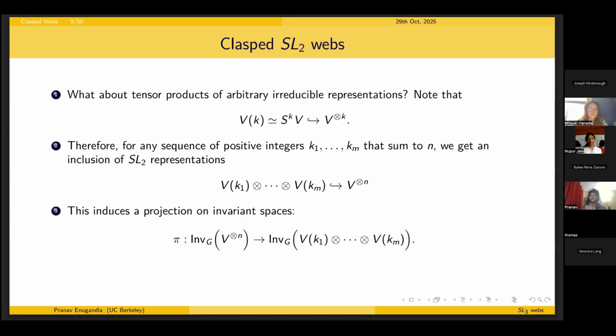So in particular, I have this nice basis for fundamental representations given by non-crossing matchings. That's a basis for the invariant space on the left. I could ask what happens to this basis under this projection map. And the nice answer is some of my basis elements are going to map to 0, but the ones that don't map to 0 turn out to give a basis for the space on the right.